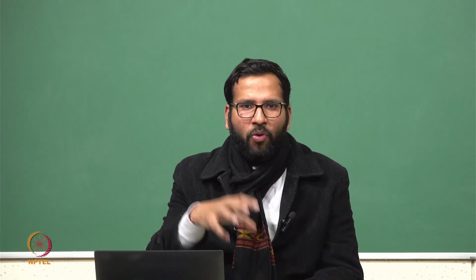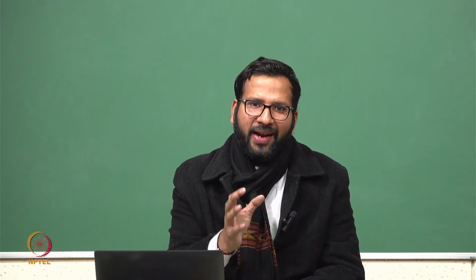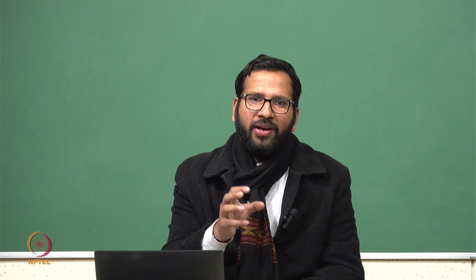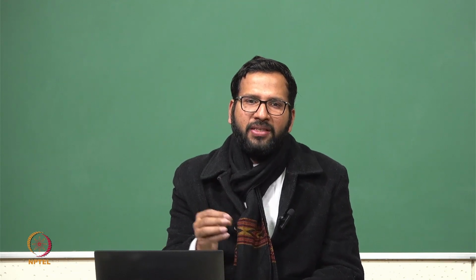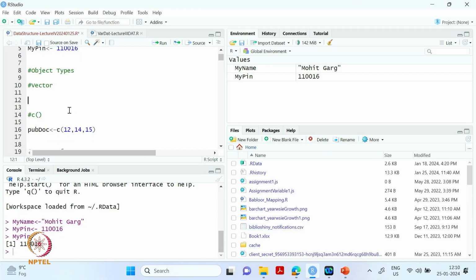We have to add more values to this particular object. What we are doing here is directing R to create an object which is a type of vector and assign whatever values we give. We'll see an example in R of how we can do that. This is the function which we will be using for creating a vector.